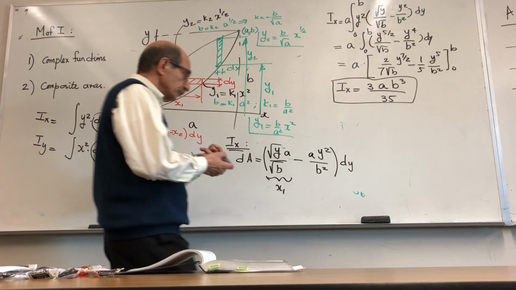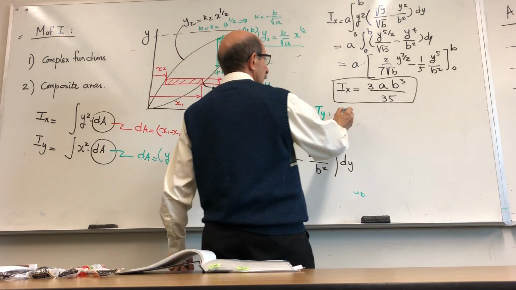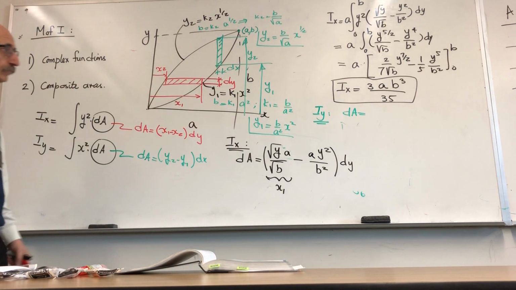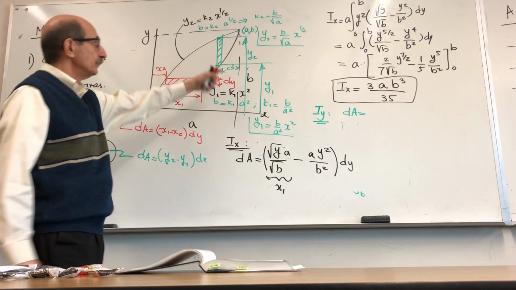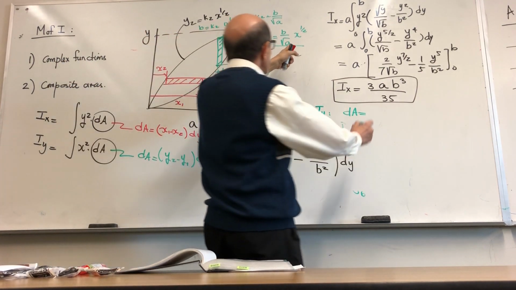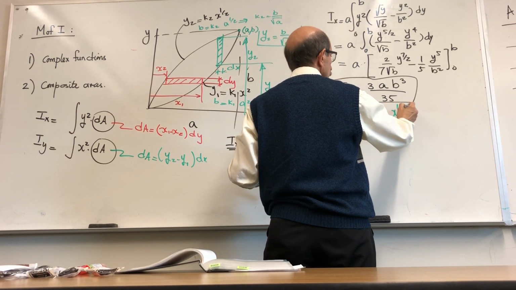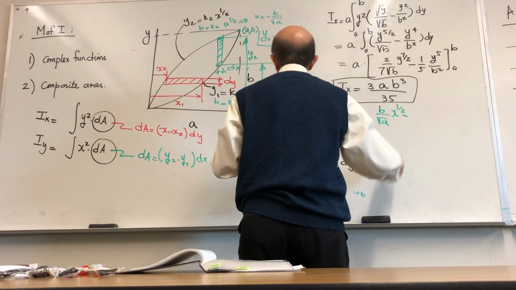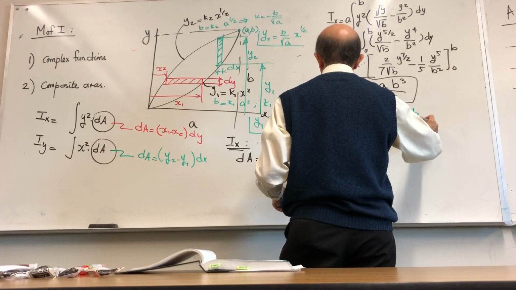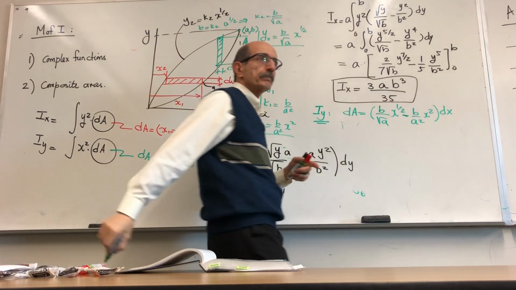That is, you need to set up dA, which in this case would now be a function of x. And dA is this, which we set up. y2 is this, so you have b over square root of a, square root of x, minus y1, which is b over a squared x squared, dx.